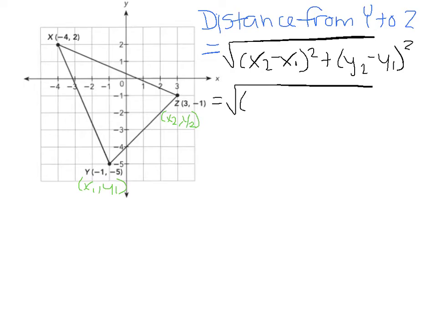So my value for x2 is 3, and my value for x1 is -1. My value of y2 is -1, and my value of y1 is -5.